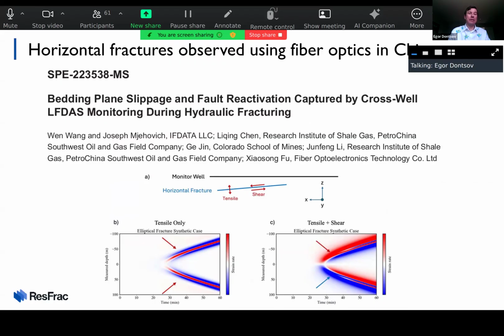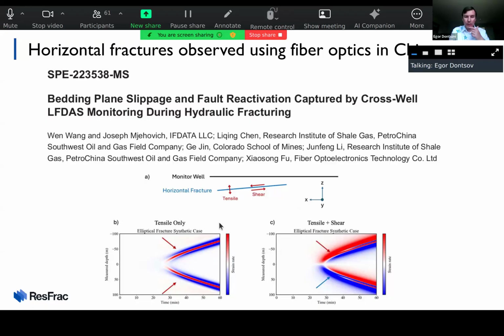This was a paper presented back in 2024 at HFTC in The Woodlands. And I think we had an ARMA seminar on it at about the same time, plus or minus a few months. This was a situation based in China, and they had a horizontal monitoring well, and they were observing signals looking like this. Again, this is modeling.